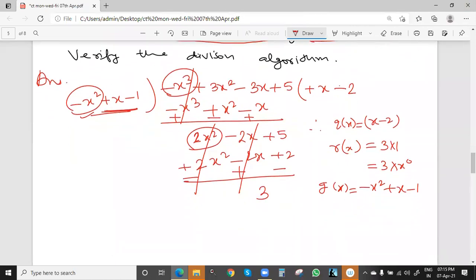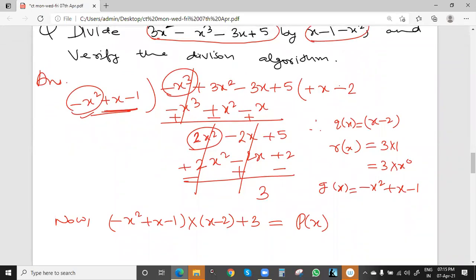Correct. Now we'll check: x square plus x minus 1 will multiply with x minus 2 and we'll add 3. If you are getting the px value, then it is verified and the division algorithm is verified. Divisor into quotient plus remainder, we have to check now after getting these values. So minus x square plus x minus 1 will multiply with x.